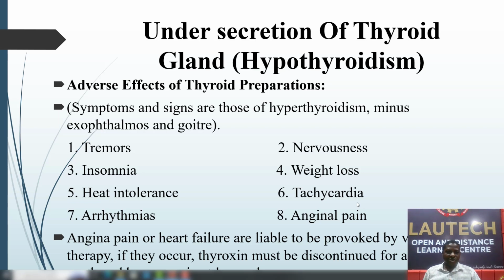Tremors, insomnia, heat intolerance, arrhythmias, nervousness, weight loss, tachycardia, angina pain. So angina pain or heart failure are liable to be provoked by vigorous therapy. If they occur, thyroxine must be discontinued for at least 1 week.